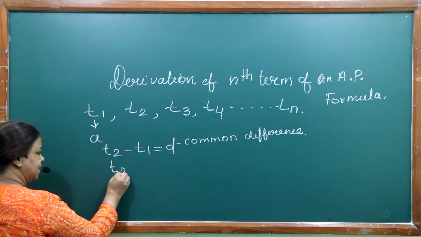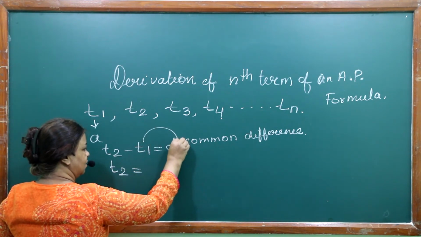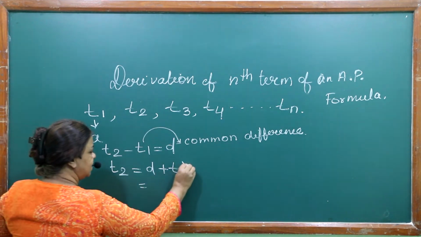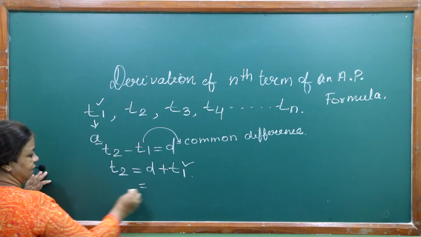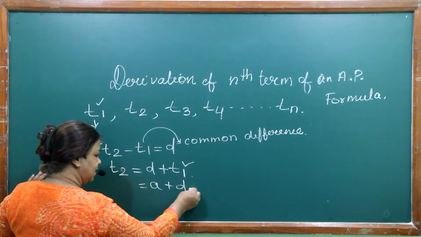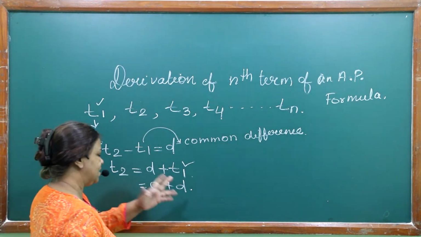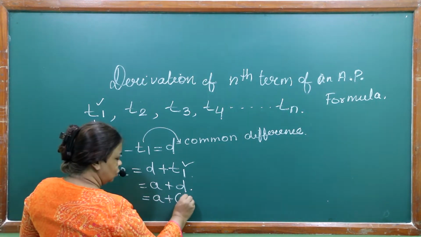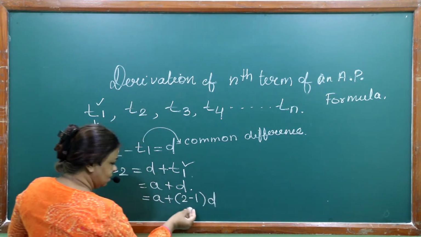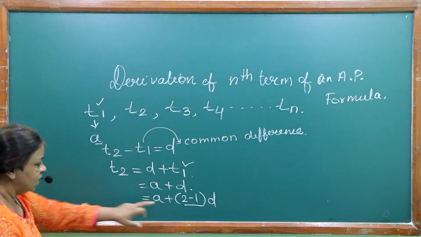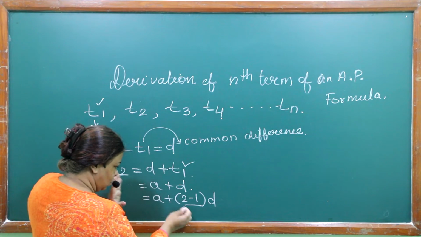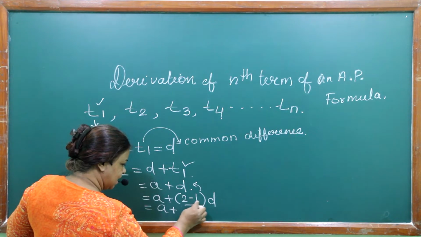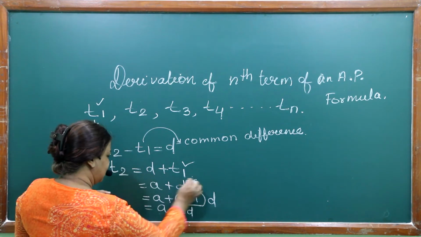So if I want to get the second term, T2 is equal to D plus T1. And T1 is nothing but A. So I can easily write T2 is equal to A plus D. If I write it this way, A plus 2 minus 1 into D remains the same, because 2 minus 1 is 1, so it is A plus D, that is the second term.